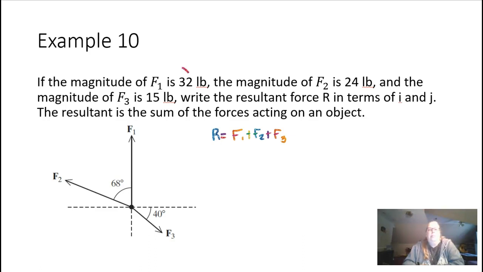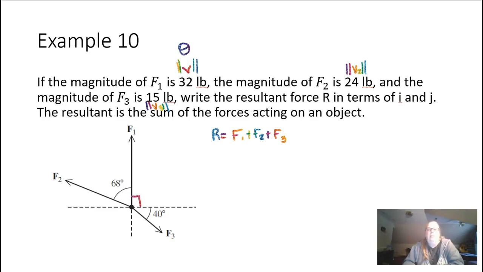This is going to be our force right here. So this is going to be our magnitude for force 1. This is going to be our magnitude for force 2. And then this one is going to be our magnitude for force 3. Now we just need to know what our angles are. Force 1 is pulling straight up.